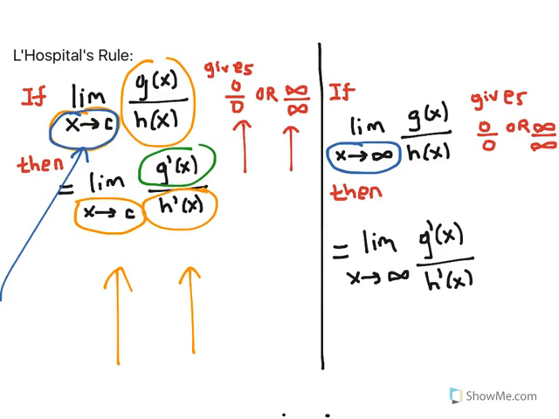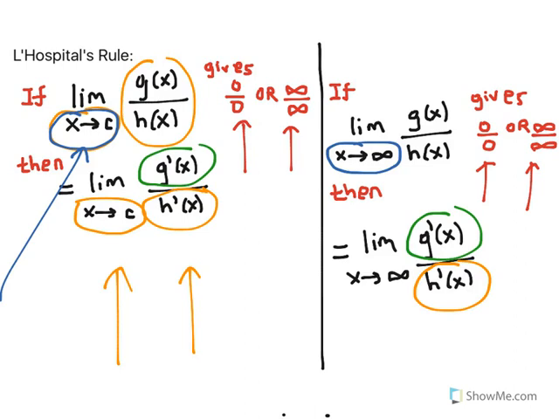So if you have the limit of a quotient of two functions as x is approaching infinity or negative infinity, and you get either 0 over 0 or infinity over infinity, you may also use L'Hopital's rule, take the derivative of the function in the numerator, take the derivative of the function in the denominator, and try taking the limit of this quotient as x approaches infinity. And if you get a limit, the limit is equal to the limit of the original problem.